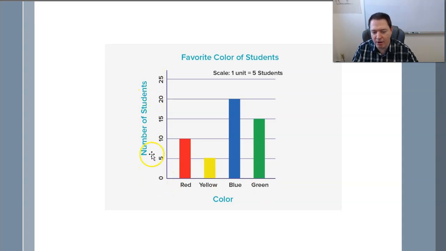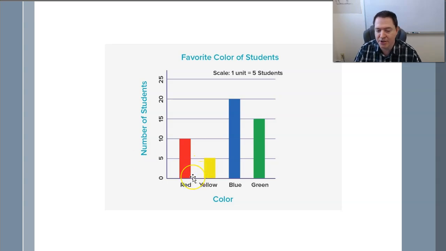Now over here we see for our vertical axis we've got the number of students. So we absolutely could be representing this as counts or frequencies, or it could also be percentages. Those are both completely valid things to do with these bar charts.